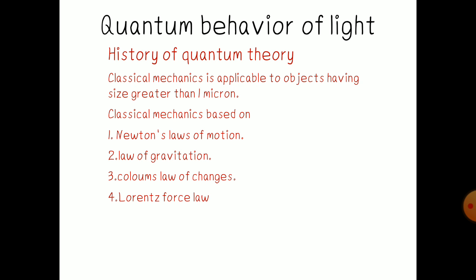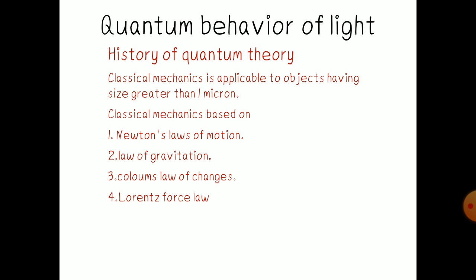If two masses m1 and m2 are separated by a distance r, the force is proportional to m1 into m2 divided by r square. The proportionality constant is given by capital G, which has the value 6.67 into 10 to the power minus 11 Newton meter square per kg square. That is the law of gravitation.